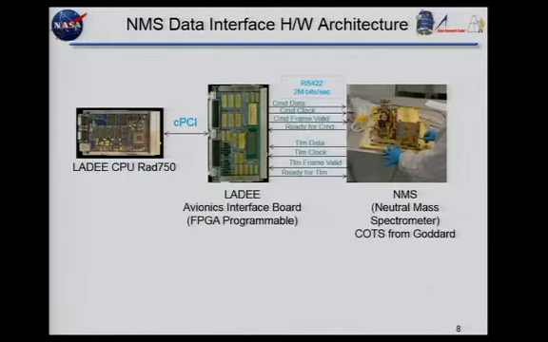Okay, moving on to NMS, the neutral mass spectrometer that came from Goddard. This actually had an interface called ITF, Instrument Transfer Frame. I think it's something that people at JPL came up with, but if you do a Google search, there's nothing saying here's what ITF is, and hopefully it's not some proprietary thing that I'm giving away.